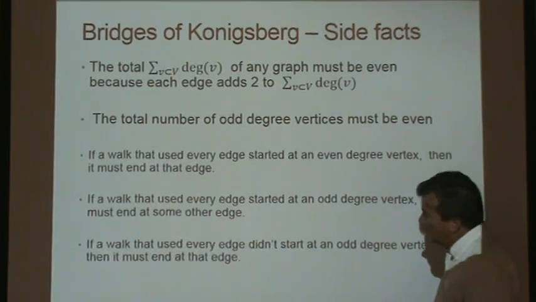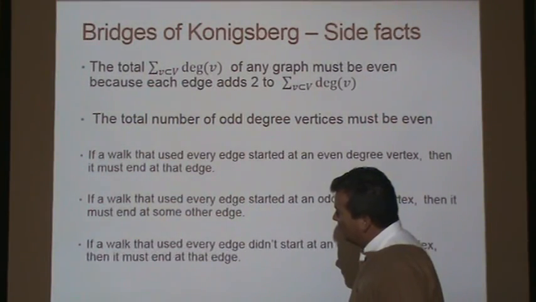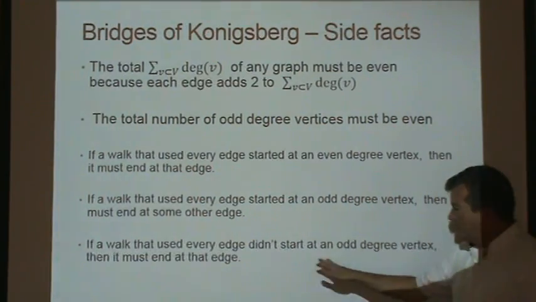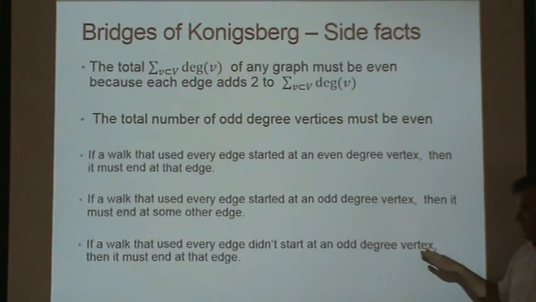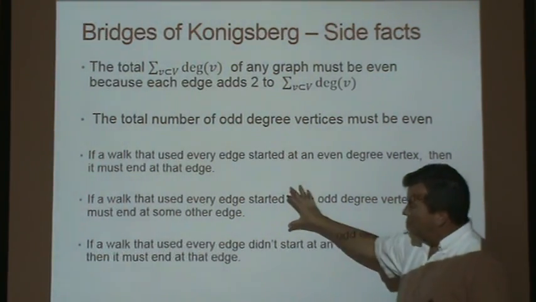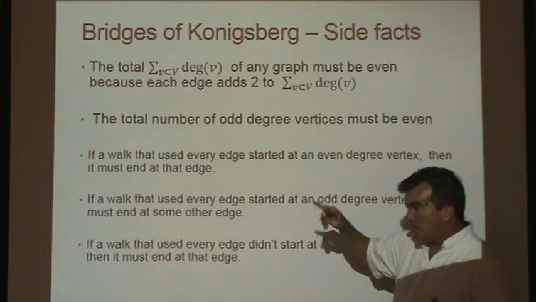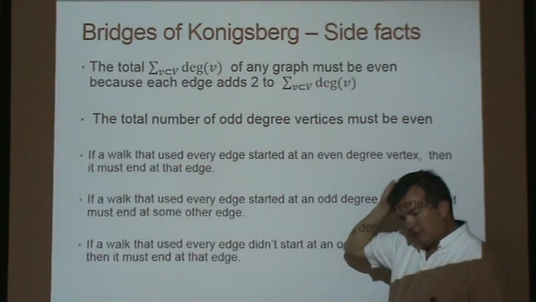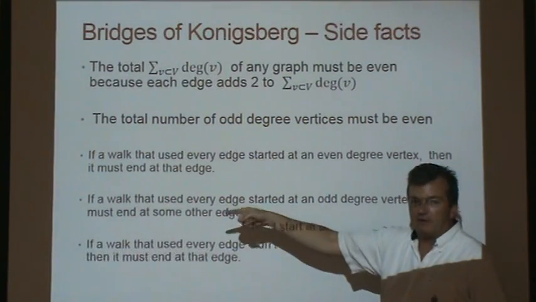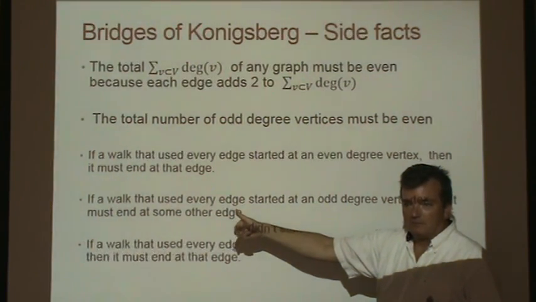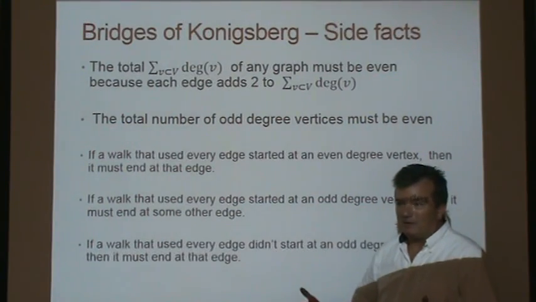So for a walk to use every edge, if it didn't start at an odd degree vertex, then it must finish there. So if the graph has 2 odd degree vertices, you would have to start at one of them and finish at the other one. Right? There's no other way you could do that.